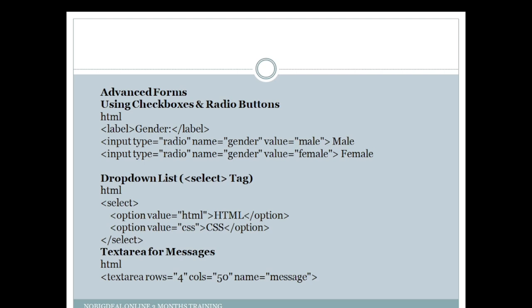In the advanced form, that is where you'll be using checkbox, radio buttons, you'll be using another tag called drop down list and text area for message. So in this advanced, you'll be learning how to check for two options.